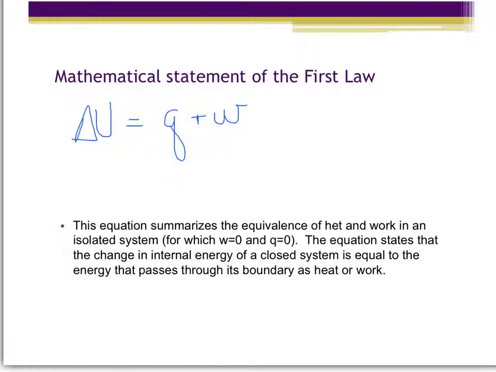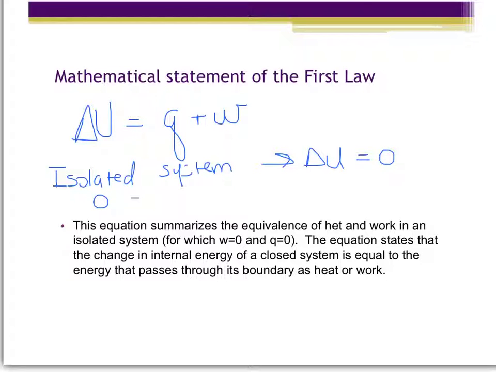In an isolated system, which means a system that is not able to exchange matter or energy with its surroundings, there is no change in internal energy. Delta U would be 0.